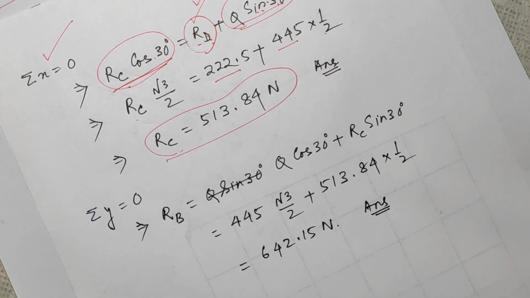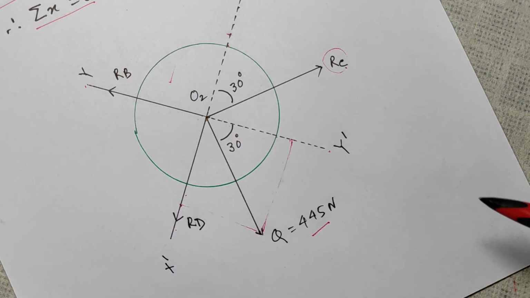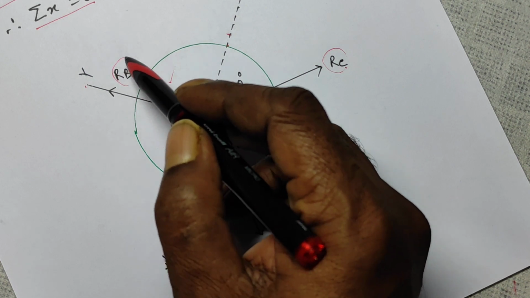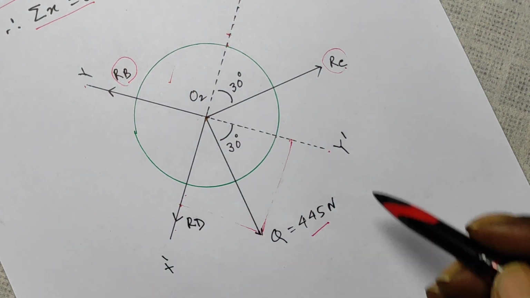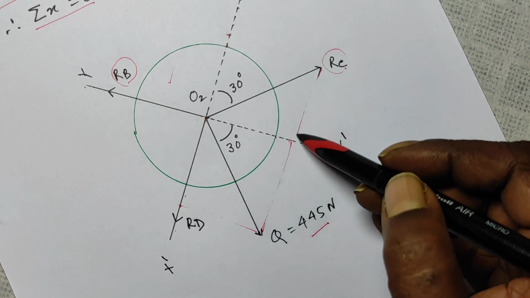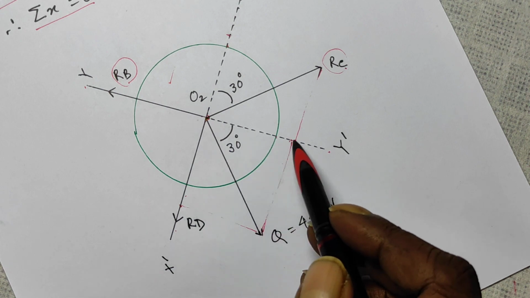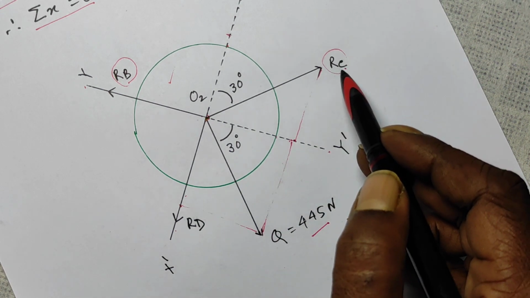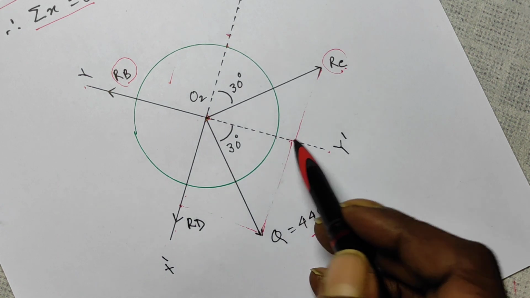The vector sum of the forces along the y-axis is 0 because it is in equilibrium. Now, this RB is completely along the positive y-axis. If you drop a perpendicular from here to here, this will be the component of RC, the reaction force at C, along the negative y-axis.